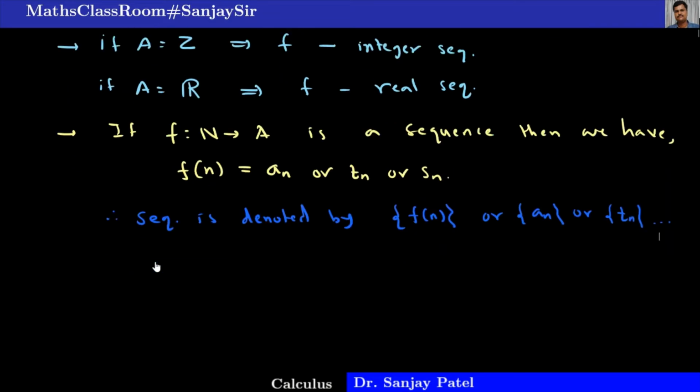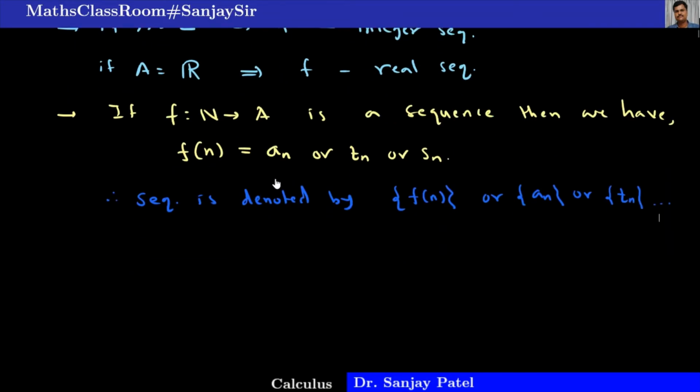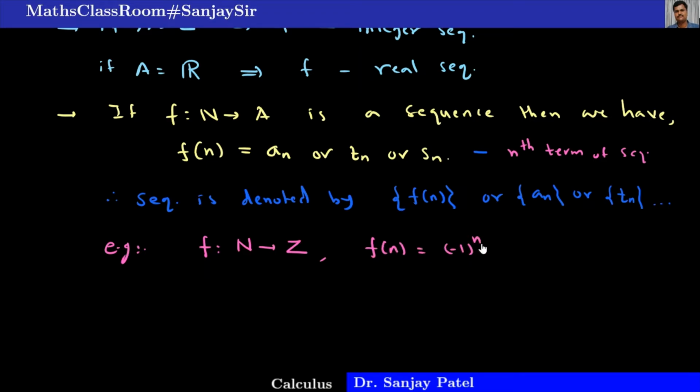So this is about sequence. This a_n is called the nth term of the sequence, or the general term of the sequence. For example, suppose I have a function f from N to Z like this: f(n) is equal to minus 1 raised to n.